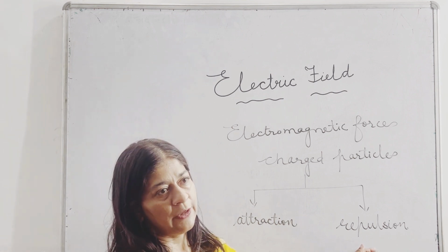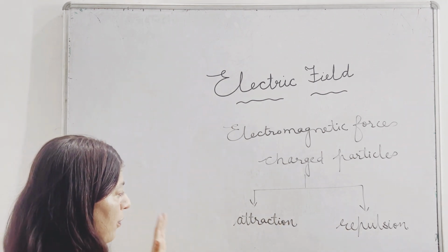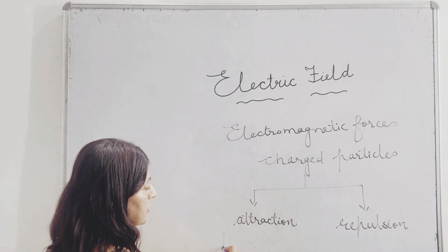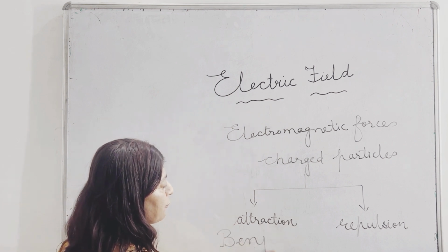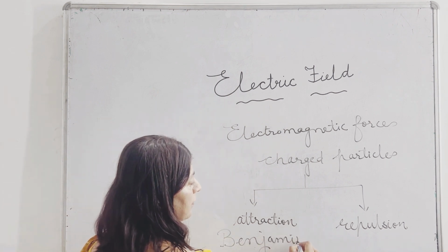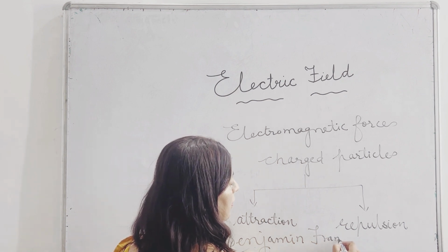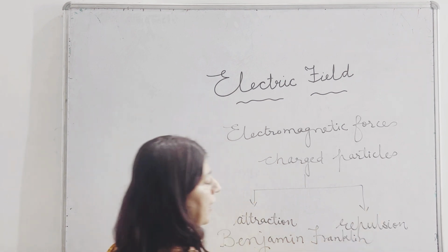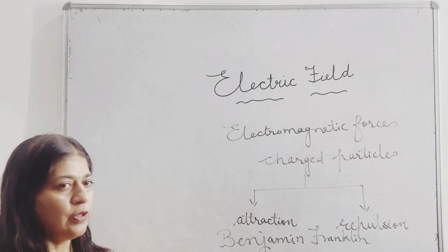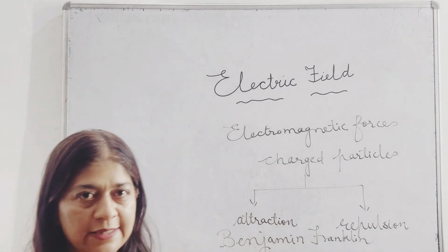show repulsion. So based on that, a scientist named Benjamin Franklin mentioned that in this nature two types of charges exist.